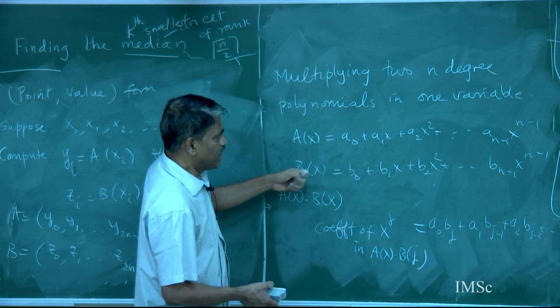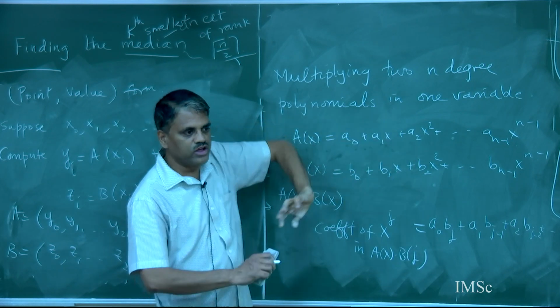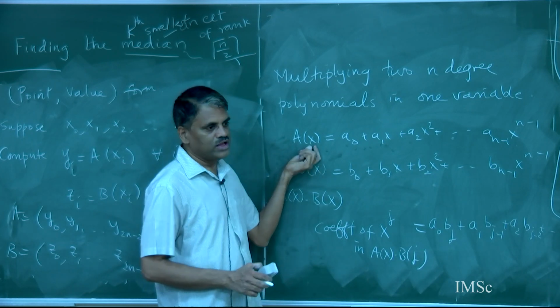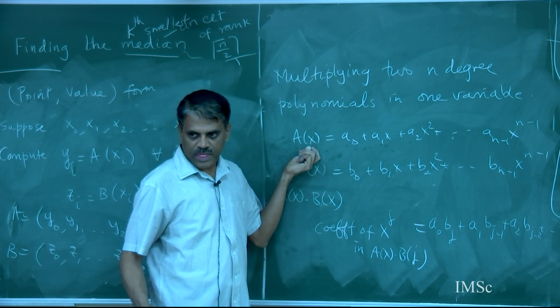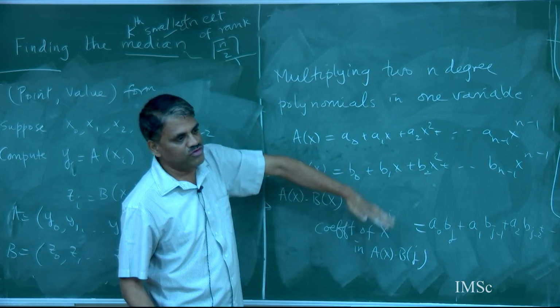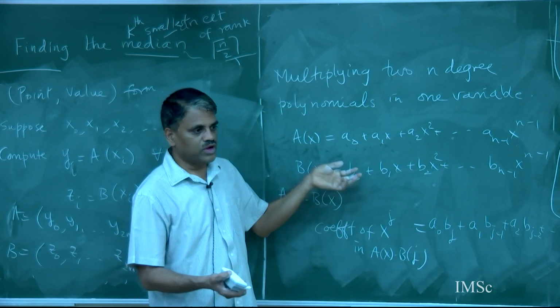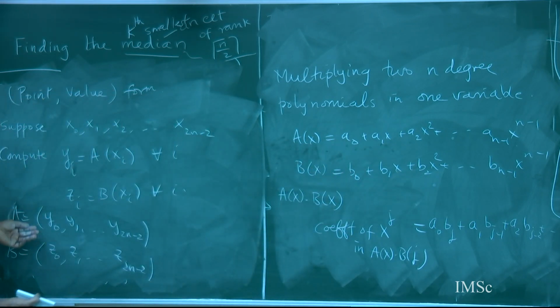Suppose I'm just saying, instead of this coefficient representation, I don't give you the coefficients, but I tell you the value of the polynomial on n different points, x0, x1, x2, xn minus 1. Then you write down n different equations on ai's, solve them, and you get the a0, a1, a2 coefficients. So this is an equivalent representation.